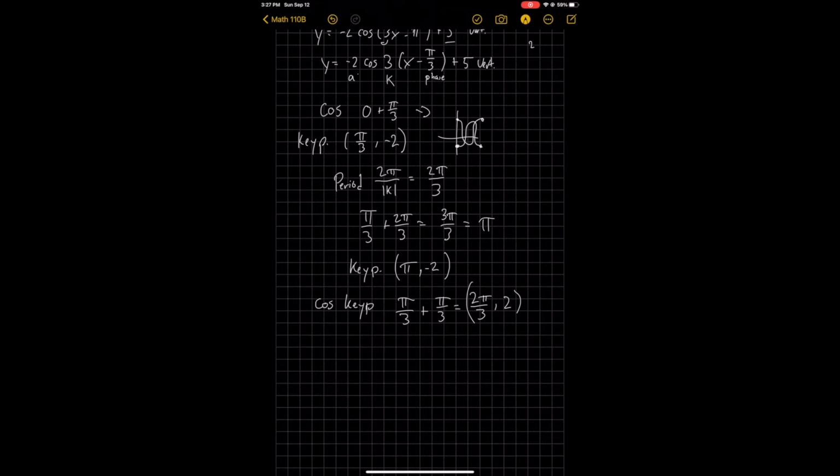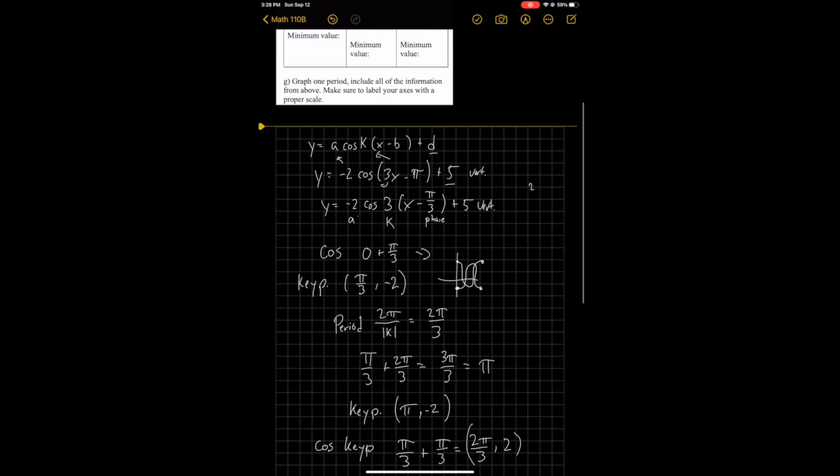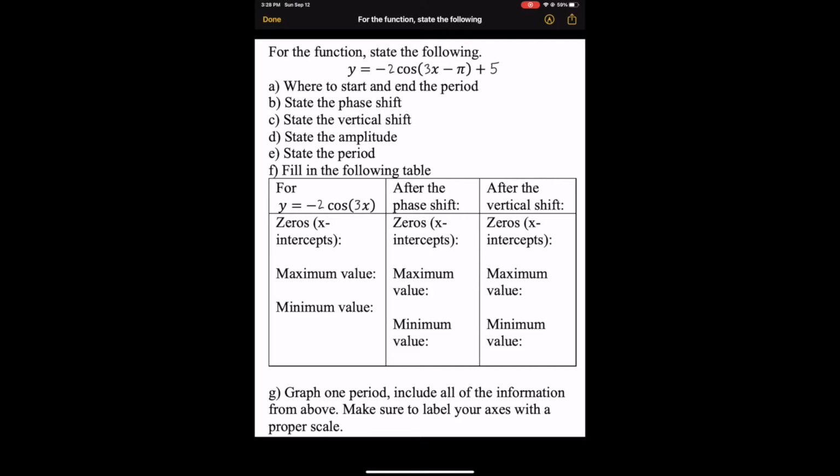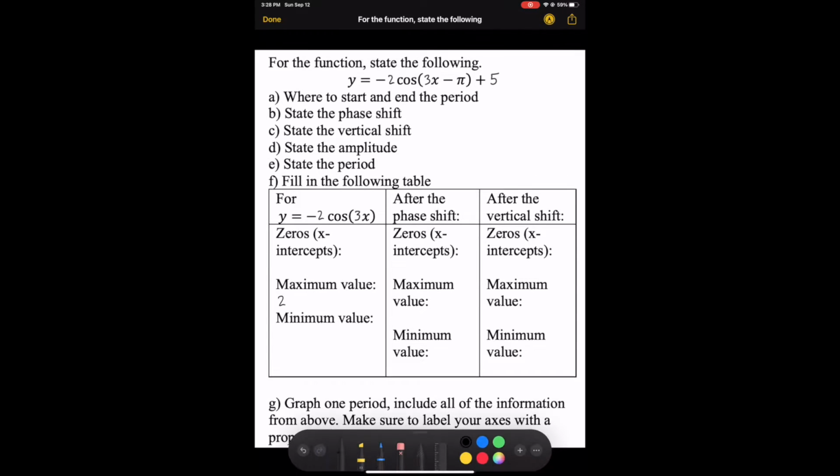So let's go ahead and start filling out what we have so far. The max value is going to be 2, and that is when x equals 2 pi over 3, and the minimum value is -2, and since it's negative cosine, we're going to have two minimums when x equals pi over 3 and when x equals pi.